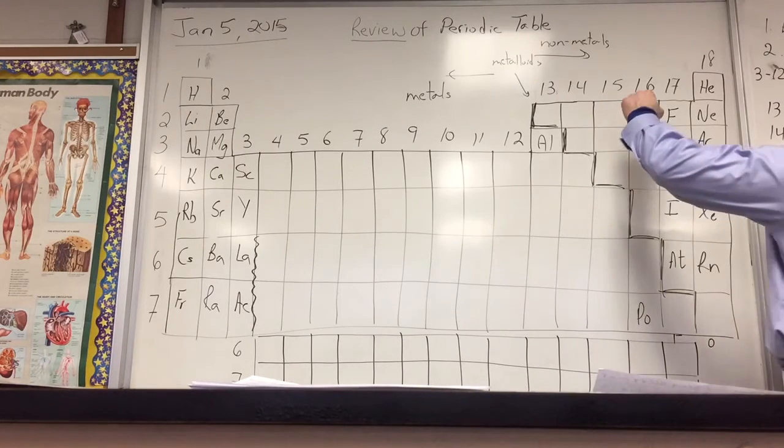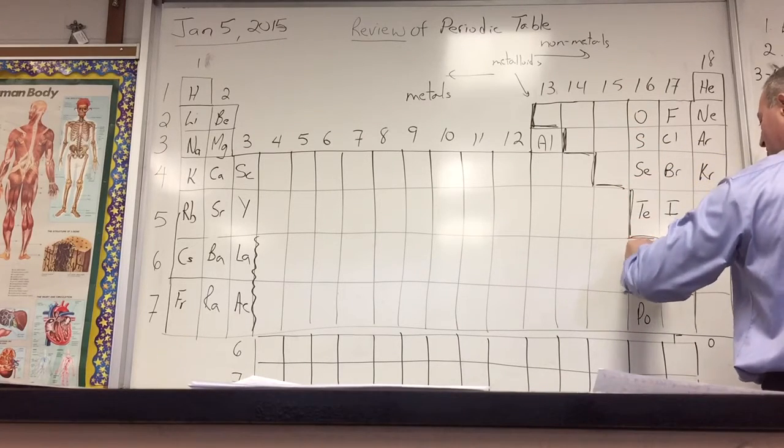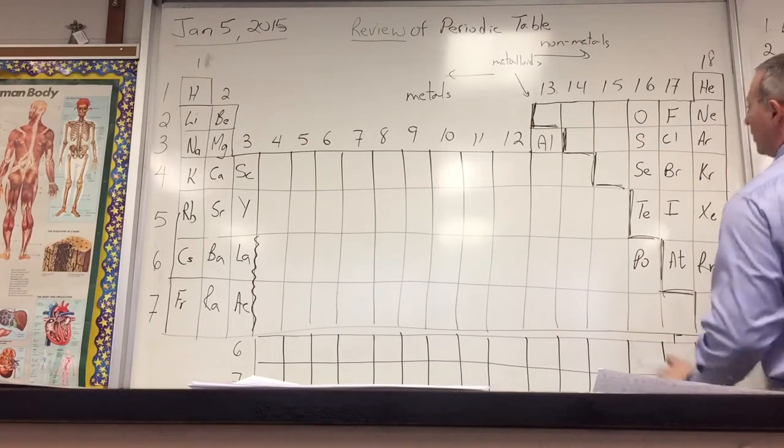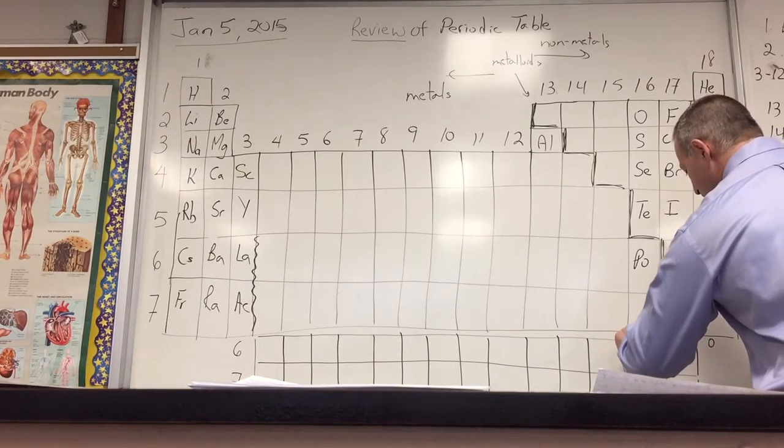The next group is the chalcogens: O, S, Se, Te, Po. I put the polonium too low. They're called chalcogens, probably the most frequently misspelled group name because people forget to put the C. So they write chalogens, but it's not actually chalcogens. They take on typically a -2 charge.